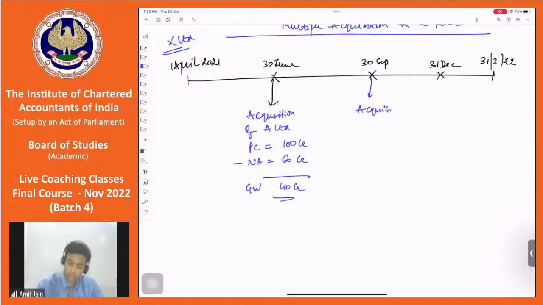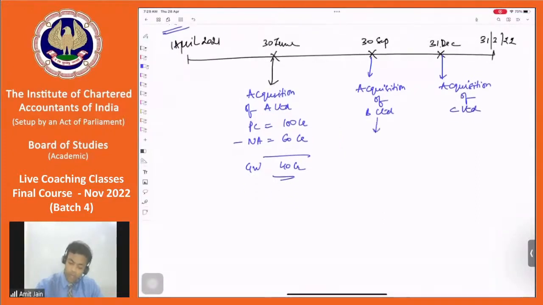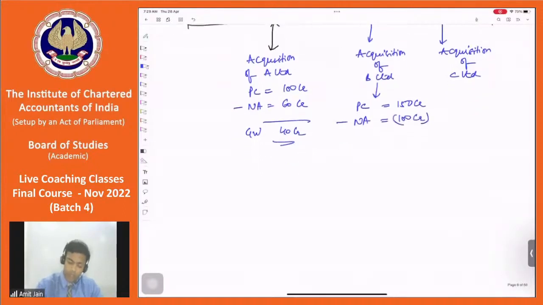This is, let's say, acquisition of B Limited and this is acquisition of C Limited, correct? Now in this case, purchase consideration is, let's say, 150 crores. Net asset acquired is equal to 100 crores, right? So my goodwill is 50 crores.